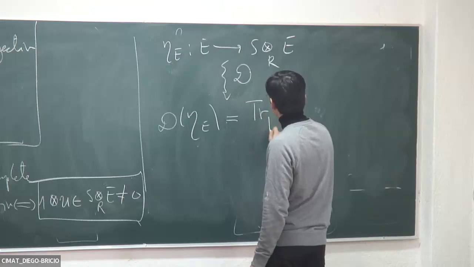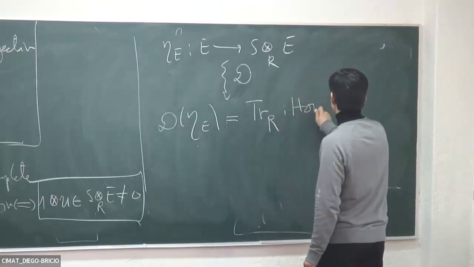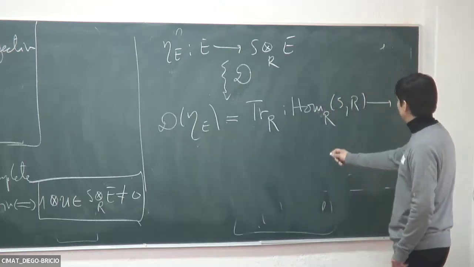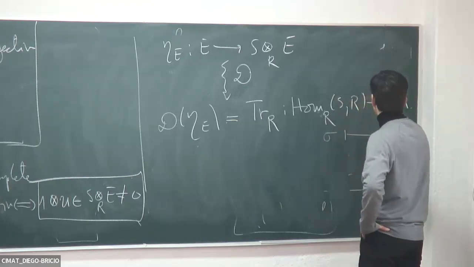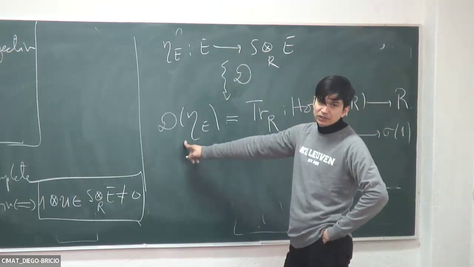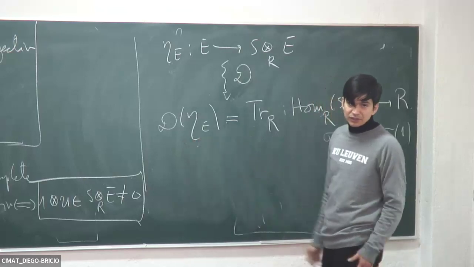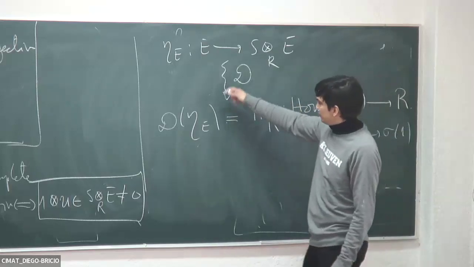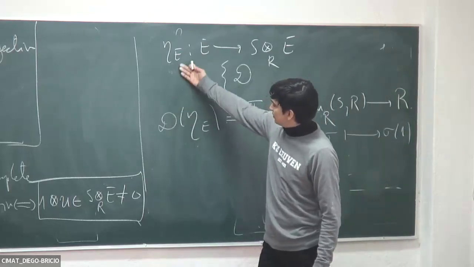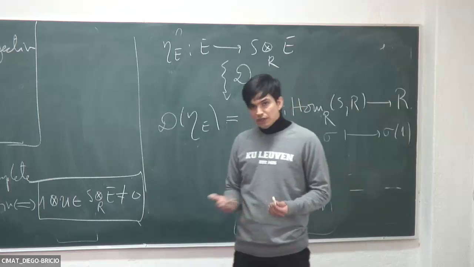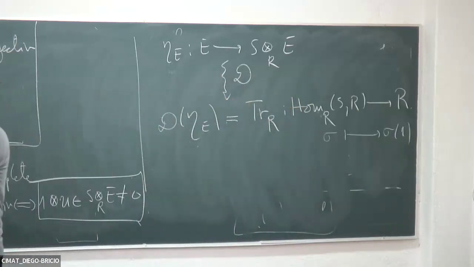It was the trace of R. What does the trace do? It takes a map sigma here and evaluates it at 1. So if this is injective, this has to be surjective, and the surjectivity of this is by definition splitness. That's it. And actually, if S were finite, these two things would be matrix dual to one another. So this eta E and the trace are matrix duals to one another if S were a finite R-module. You remember that this was the proof.